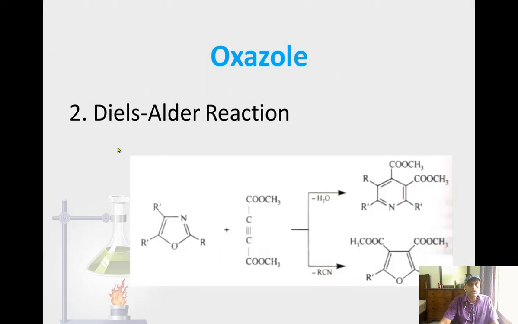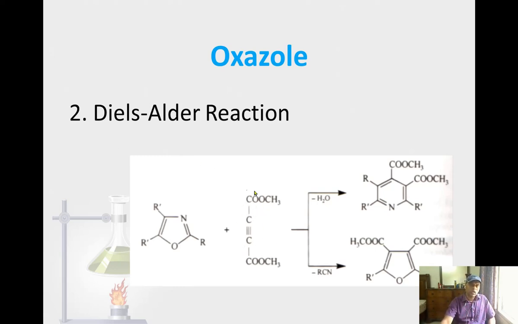The second type of reaction is the Diels-Alder reaction, which we already know. It has little less aromaticity. It is going to give up the aromaticity there, and with that it's going to get exposed. It's an addition type of reaction because of the two double bonds there. Addition type of reactions are given by alkenes and alkynes.